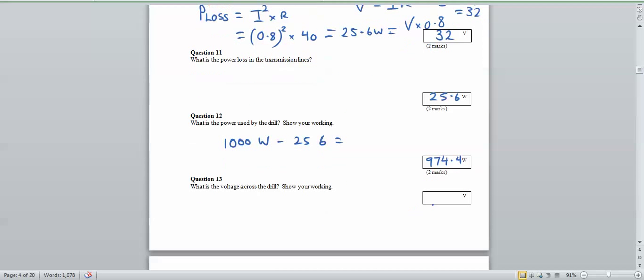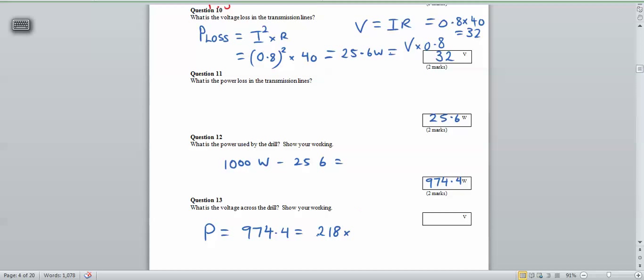What is the voltage across the drill? Well, the power across the drill, and the current, there's no current loss. There's a voltage drop. We can't use the 1,250. The power is equal to 974.4, is equal to the voltage, which is 218 from memory, times the, oh look, we've just worked it out before, haven't we?